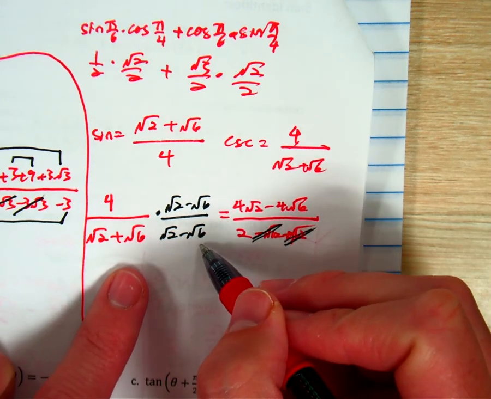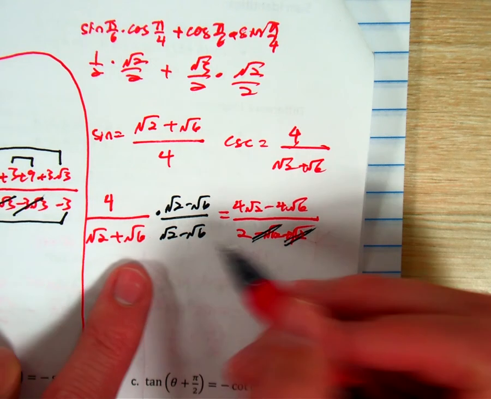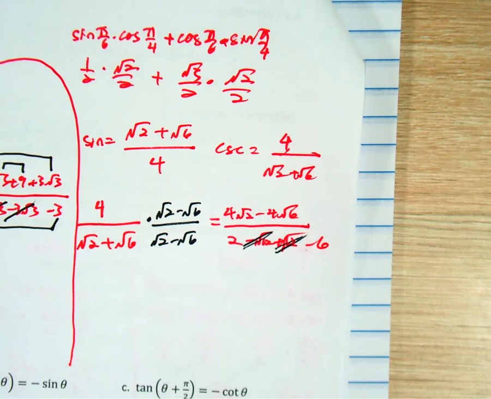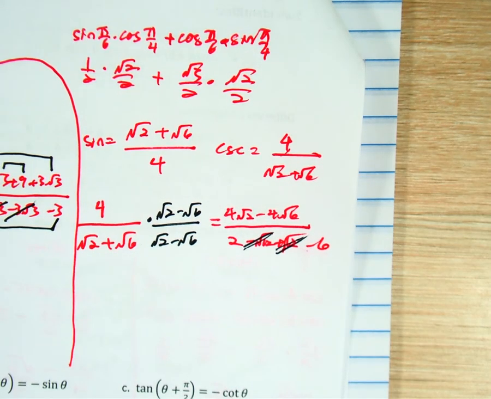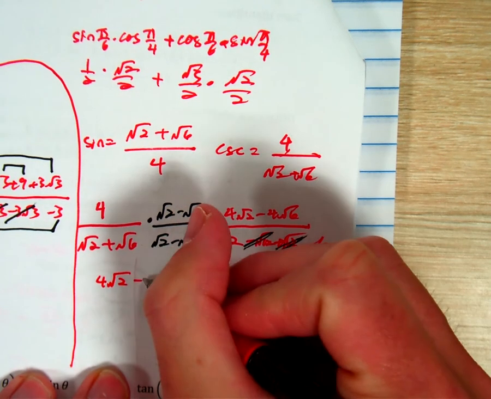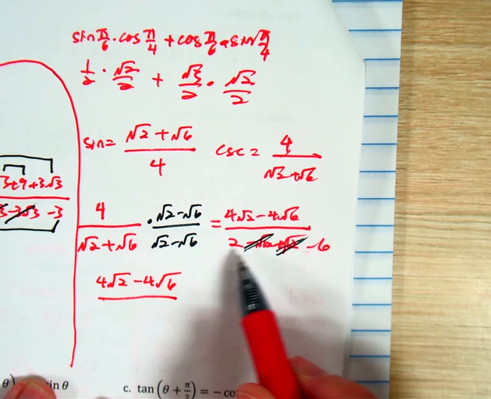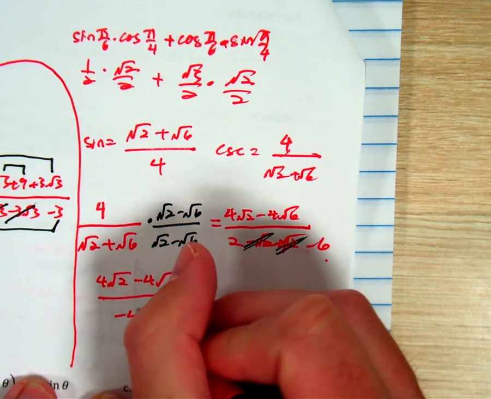Radical 6 times a minus radical 6 is going to make it a regular 6. It's going to be a minus 6. Okay, let's see what we got. 4 radical 2 minus 4 radical 6 over 2 minus 6, which is negative 4.